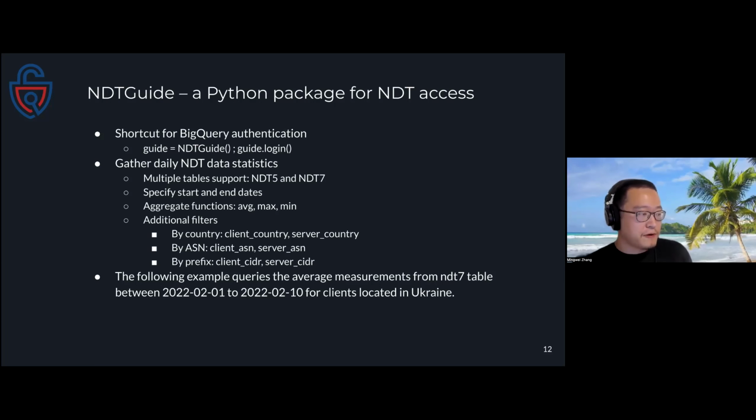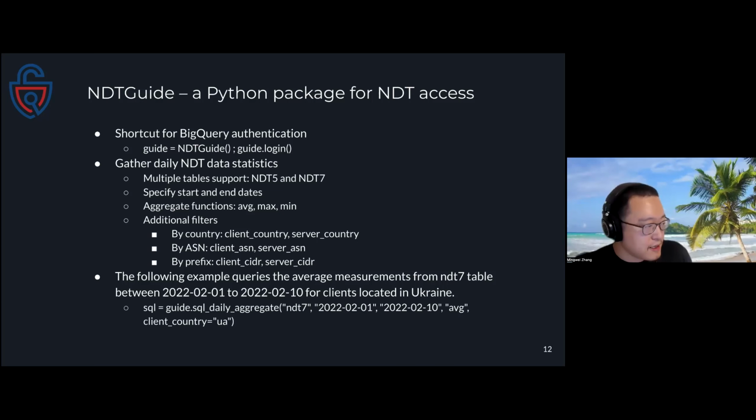Here is an example query that asks for average measurements from the NDT7 table between this 10 day period at the beginning of February for all the clients that are located in Ukraine. So it's relatively simple to understand. You first specify a table name.